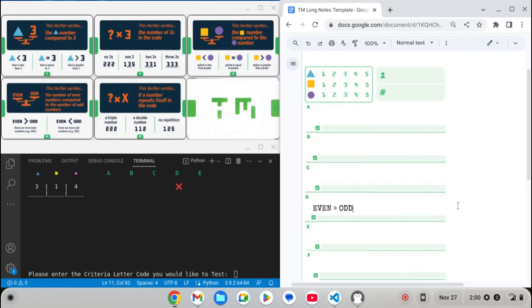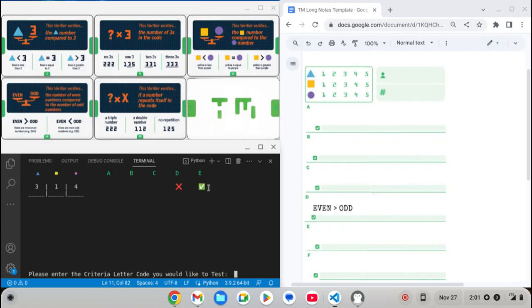Now, it could be that we're dealing with an all even solution, but we know that we have to have at least a minimum of 2 evens. So that means you could have a single odd. And let's go ahead and test criteria card E.